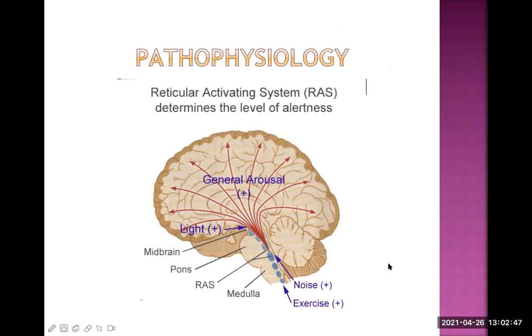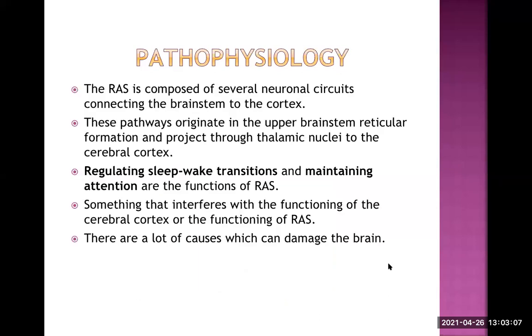So remember, if something is there which will depress this reticular activating system or injure this reticular activating system, then the person will be unconscious, or the person will be lethargic, drowsy, obtunded, or unconscious. Now see here, the reticular activating system is composed of several neuronal circuits connecting the brainstem to the cerebral cortex.